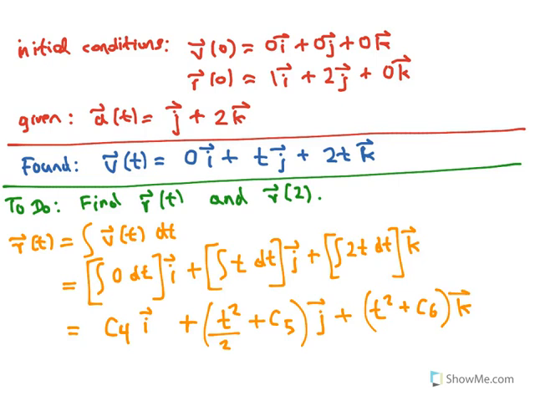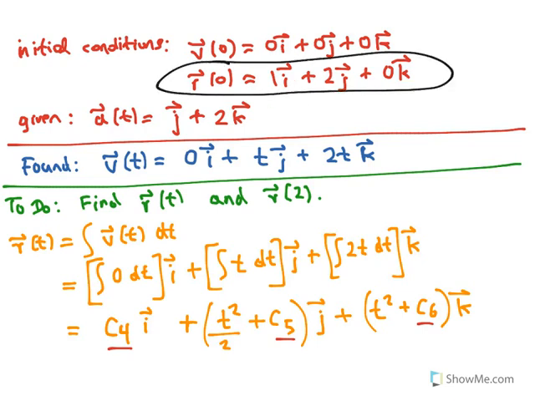So now, what do I need to do? I need to figure out what r of t is, and to do that, I need to figure out the values of these constants. To figure out what those values are, I'm going to use my initial condition, r of 0. I need to evaluate what I have at t is equal to 0.